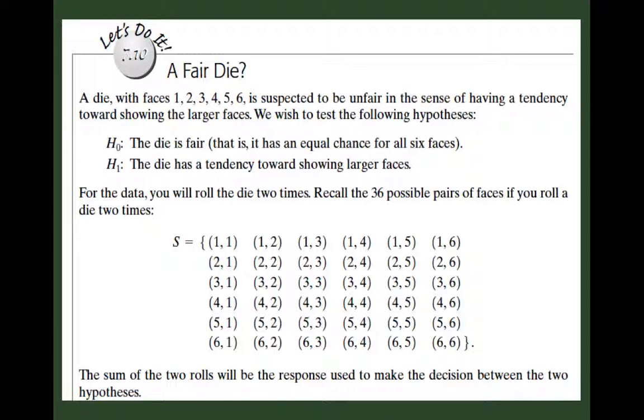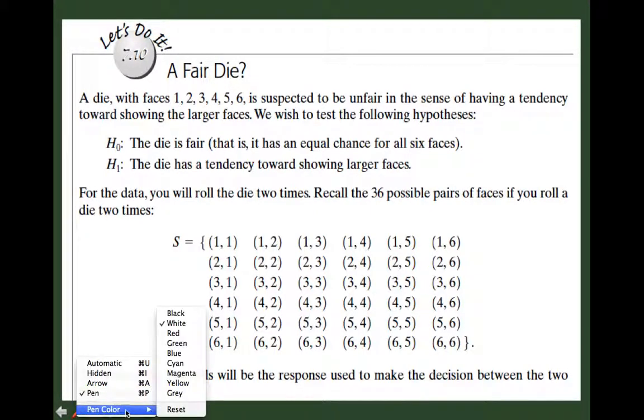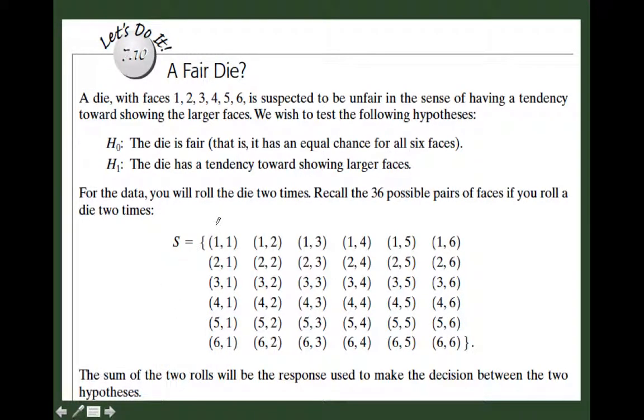Recall, I haven't talked about this in a lecture, but it's in the book: there are 36 possible pairs of faces if you roll a die 2 times. If you look at this diagram, we might think about the first entry in these ordered pairs as the result of the first roll.